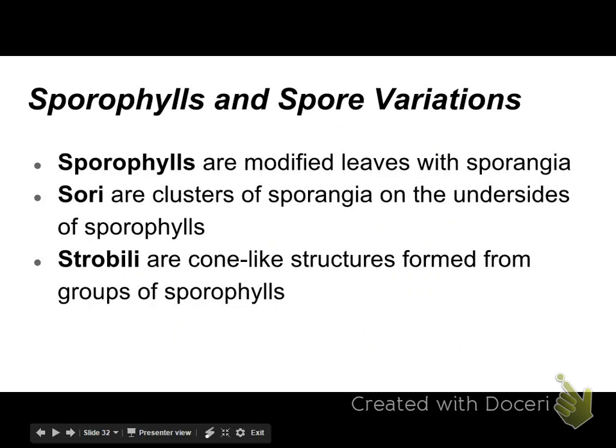And so, sporophylls and spore variations. Sporophylls are modified leaves with sporangia, sori are the clusters of sporangia on the undersides of the sporophylls, and strobili are the cone-like structures formed from groups of sporophylls.